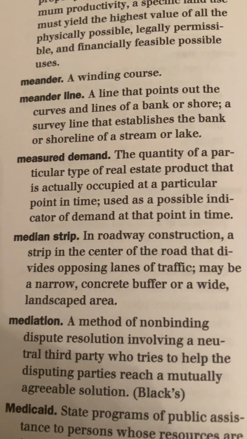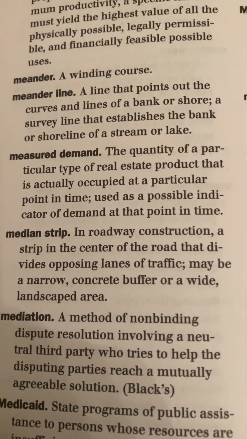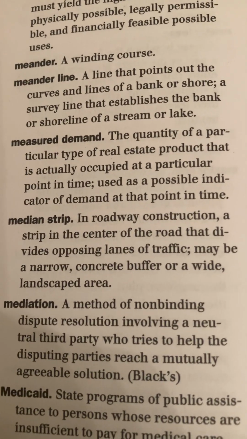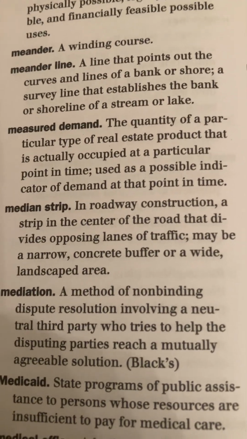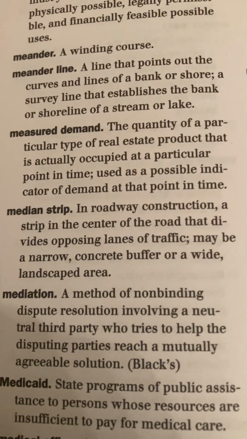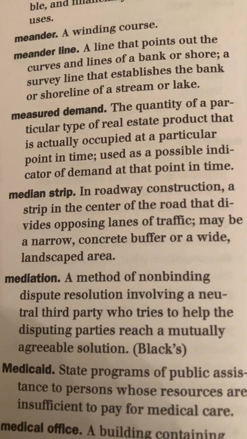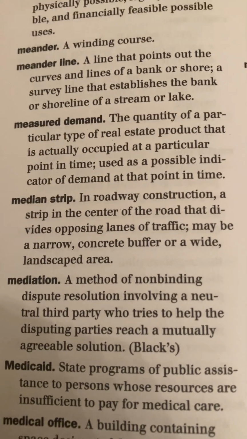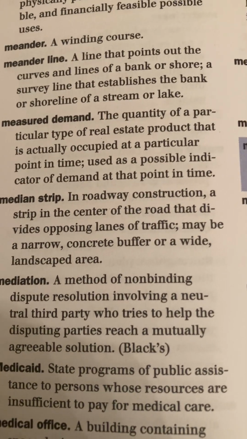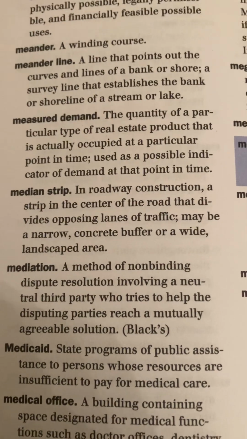Measured demand. The quantity of a particular type of real estate product that is actually occupied at a particular point in time, used as a possible indicator of demand at that point in time.